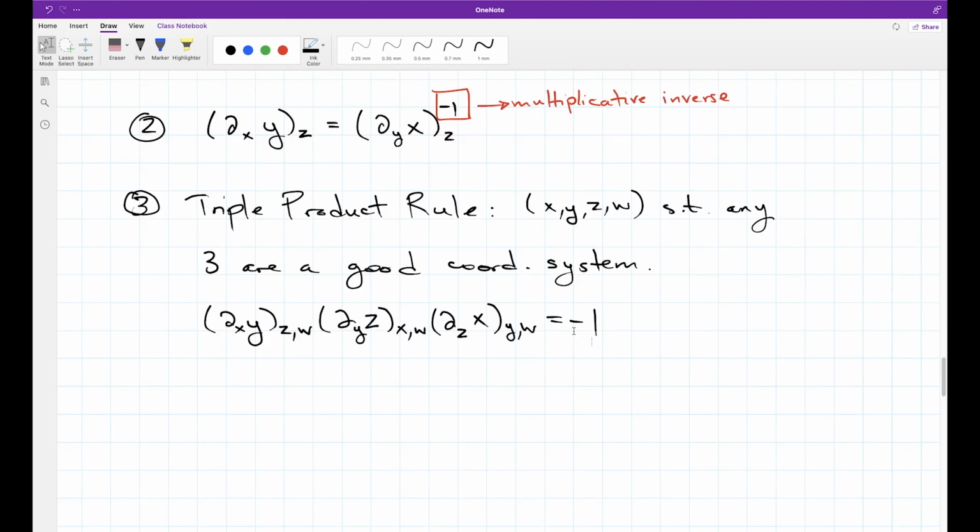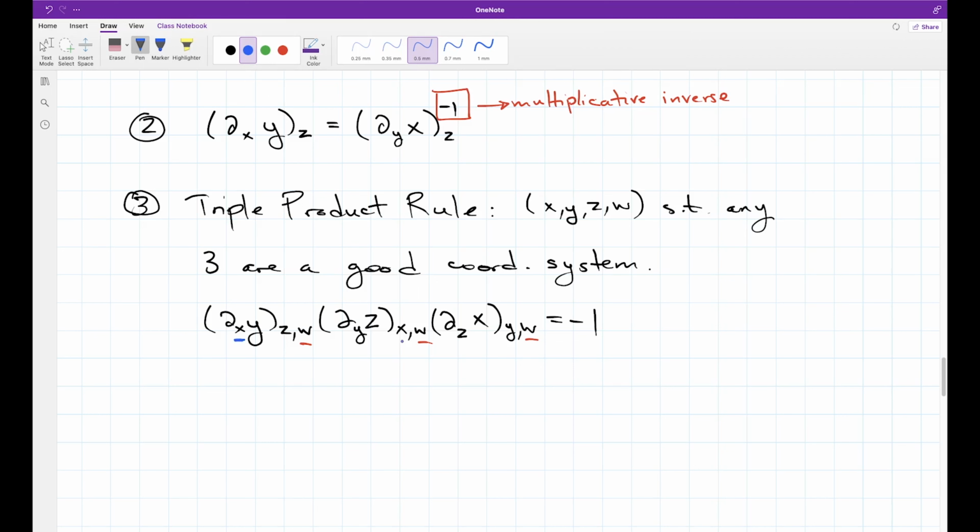A couple of things to point out here. W is actually a stand-in here for arbitrarily many other coordinates, all of which are fixed in all three factors here. Then I want to point out that there's a sort of cyclic nature to what's going on.